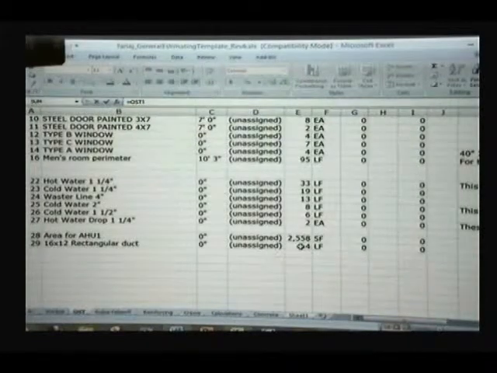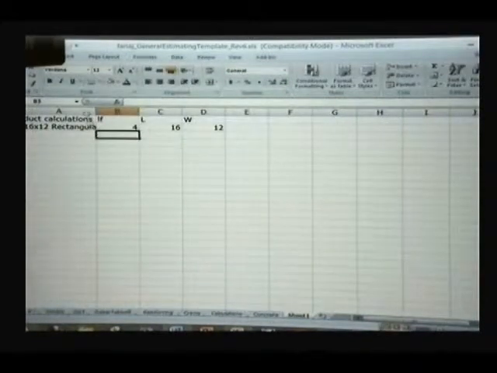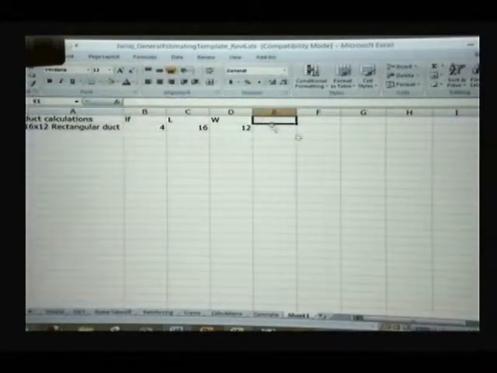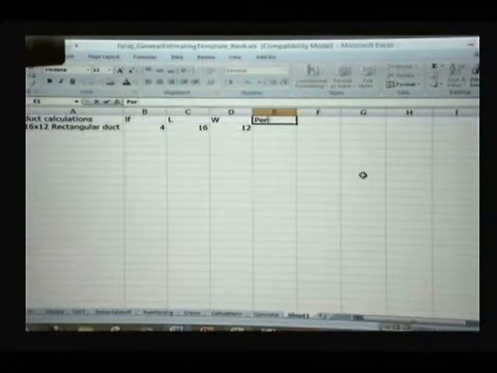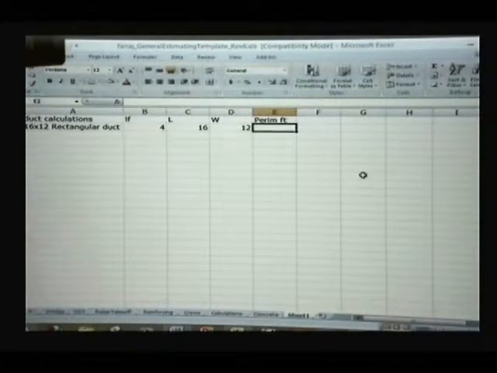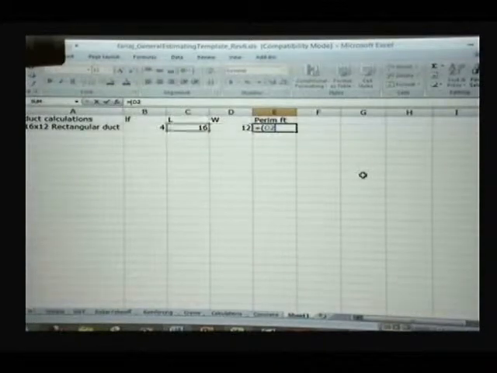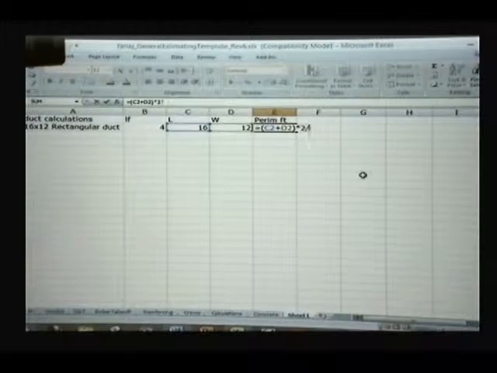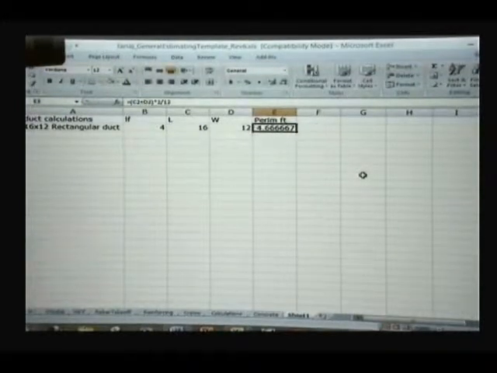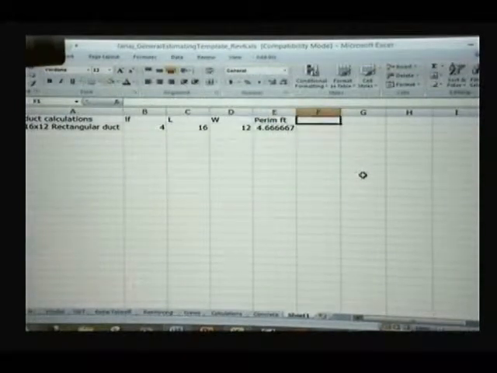What I'm going to do is the calculations by hand rather than using the table, so I know if it is correct or not. The perimeter in feet is going to be the length plus the width, multiplied by 2 divided by 12. So the perimeter is 4.66.